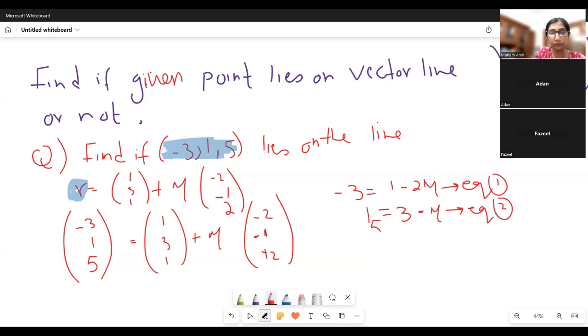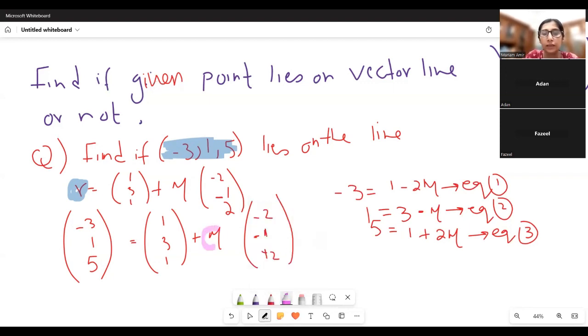And then 5 equals 1 plus 2 mu, equation 3. If all three equations give you the same answer for mu, that means that yes, that point does lie on the vector line. But if you're getting, let's say, two of the mu's are the same, but the third mu is different, that means it does not lie on that vector line, because mu is supposed to be a constant.